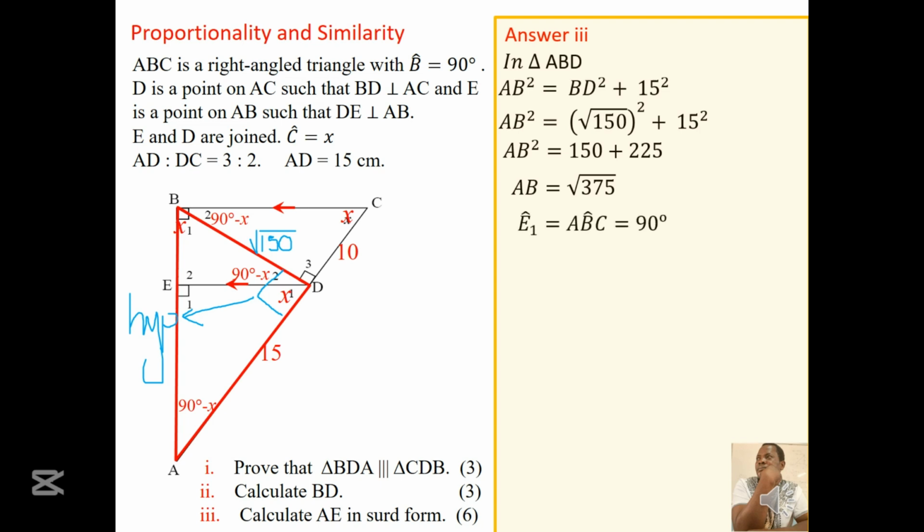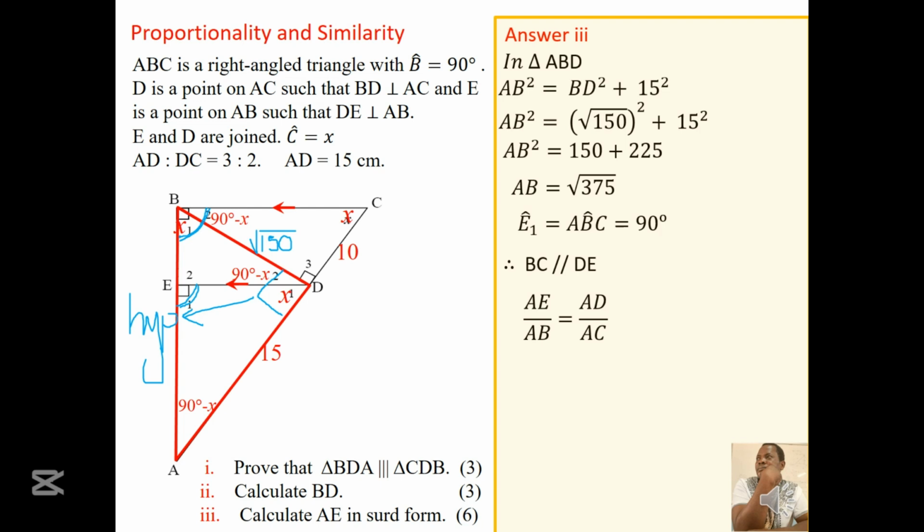Then we know that the value of E1 is equal to 90 degrees. It is also equal to the value of ABC. We have already figured out that one. E1 is 90 degrees, and angle B, B1 plus B2 combined, is also equal to 90 degrees. That information is already given. Now, we have already established that the line BC is parallel to DE. The idea is that of corresponding angles.